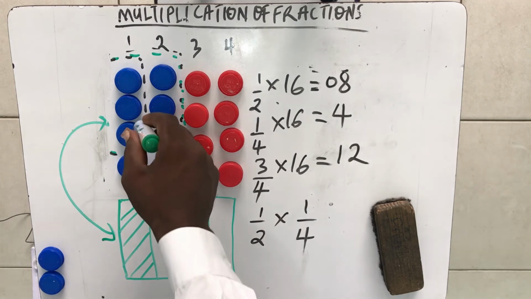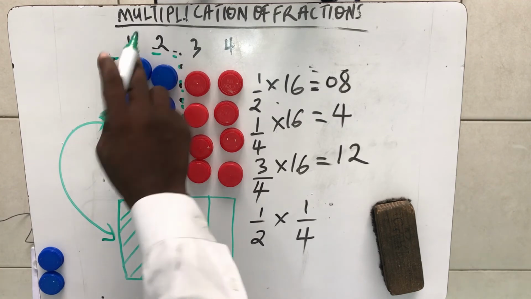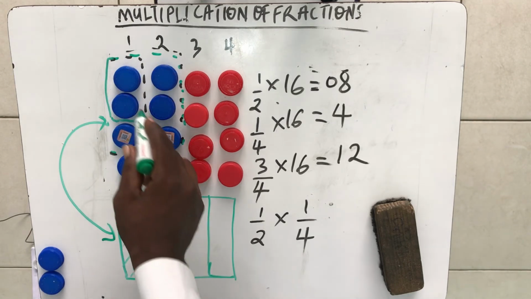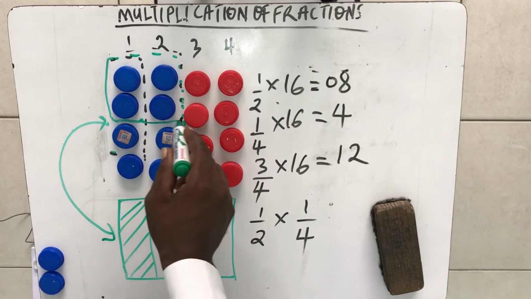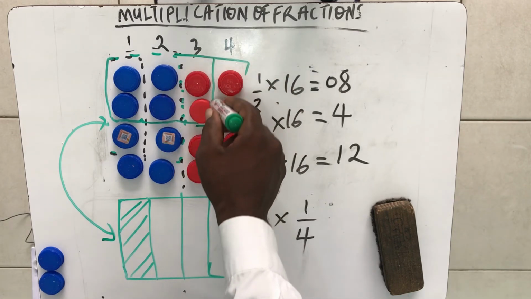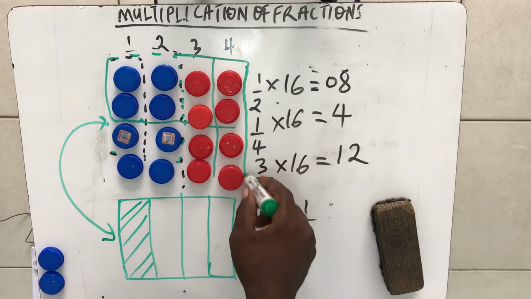Half of this is going to be 2, relative to the whole portion, something like this. Trying hard to get my line straight.